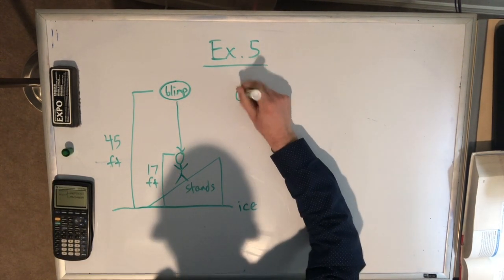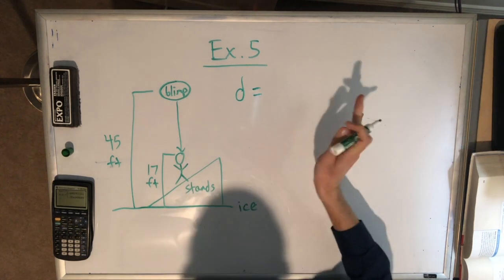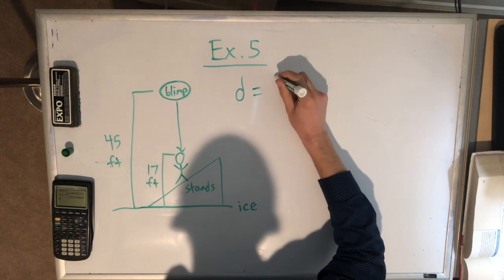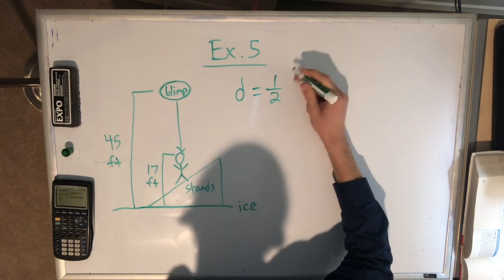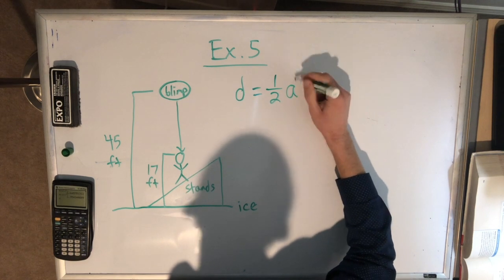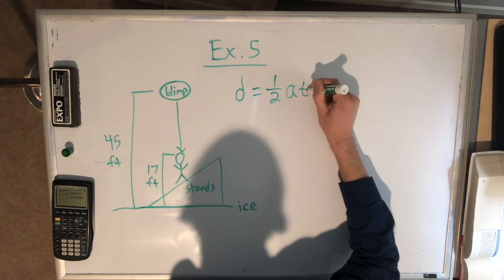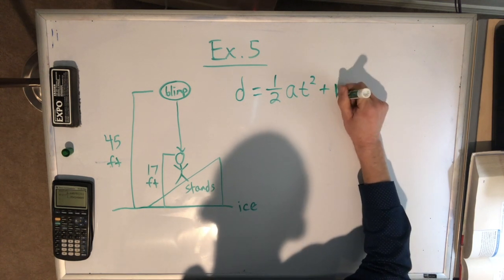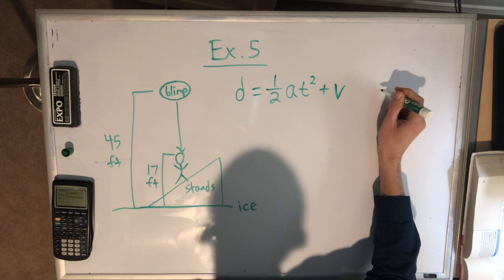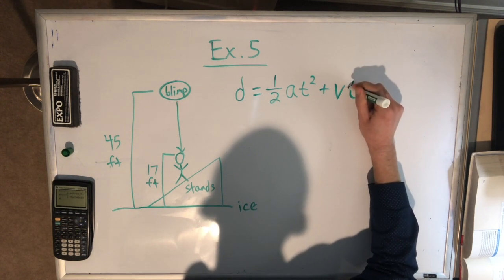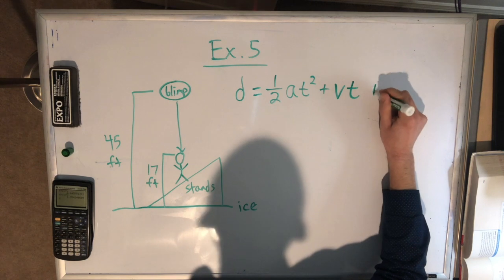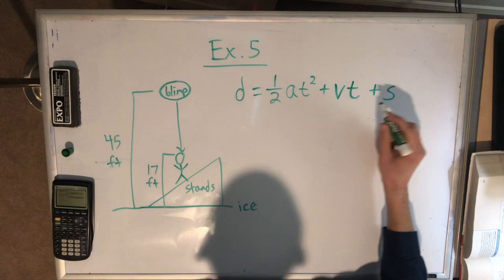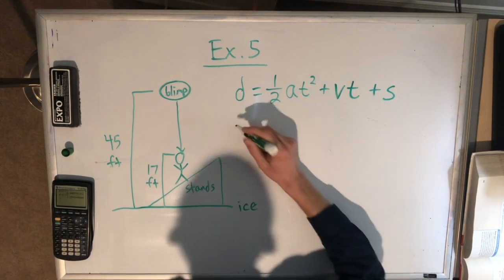So we need to use one of the most basic equations in physics. The distance that an object travels is equal to 1/2 times the average acceleration times the amount of time the ball is traveling squared, plus v, the initial or beginning velocity, times the amount of time the object is traveling, plus s, the initial position, the beginning position of the object.